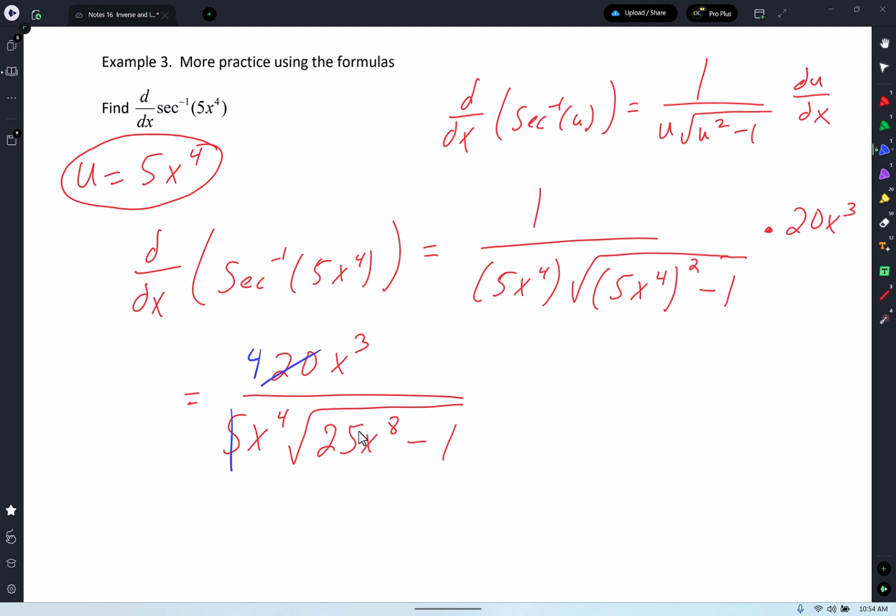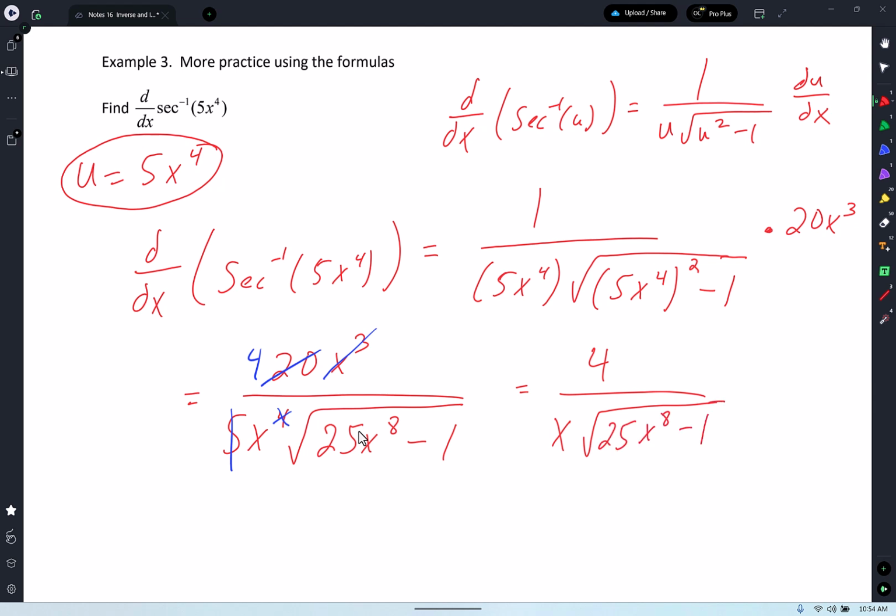So that 20 turns to a 4. And then law of exponents: I have x cubed in the top and x to the 4th in the bottom. Bam, I just have 1x in the bottom now. So my final answer: 4 over x square root of 25x to the 8th minus 1.